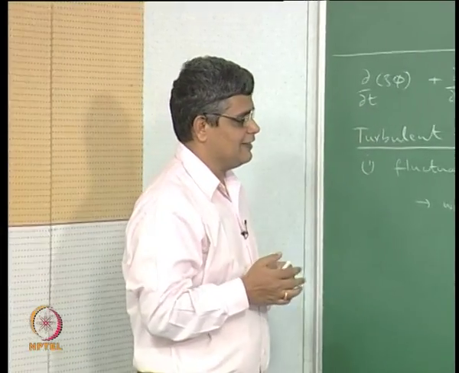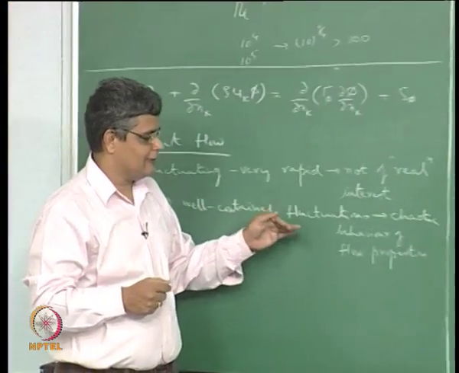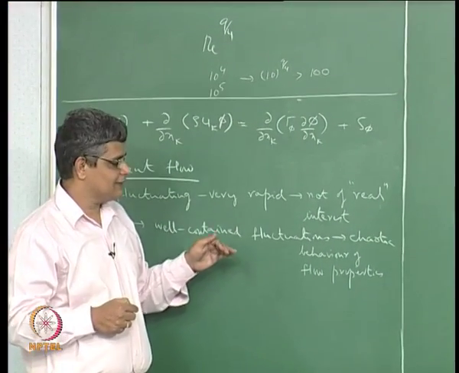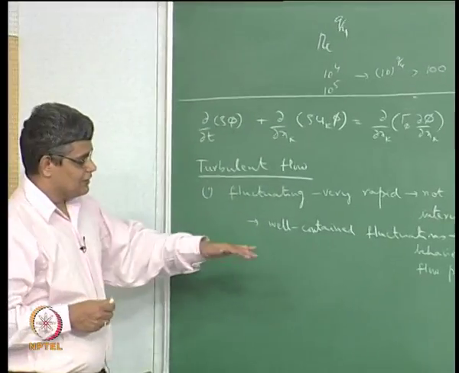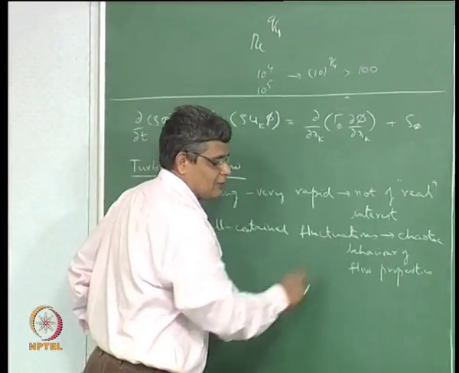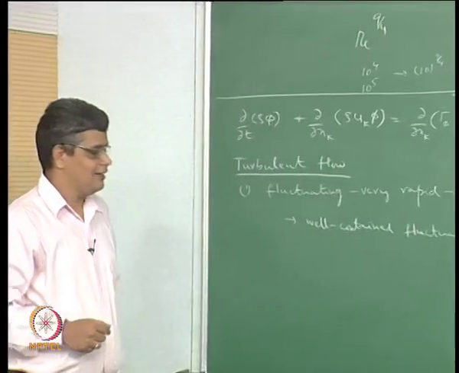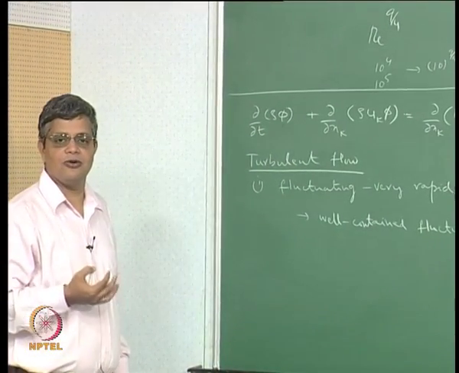So in that sense, there is the loss of predictability. There is an uncertain element in turbulent flow, but since the overall fluctuations are well contained, one can still be confident about the overall behavior.